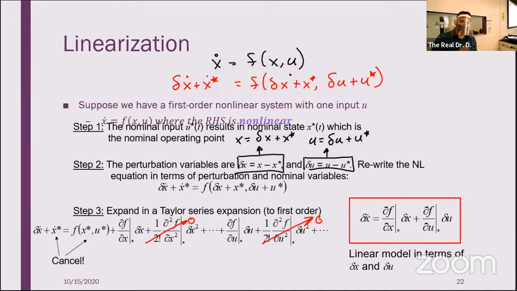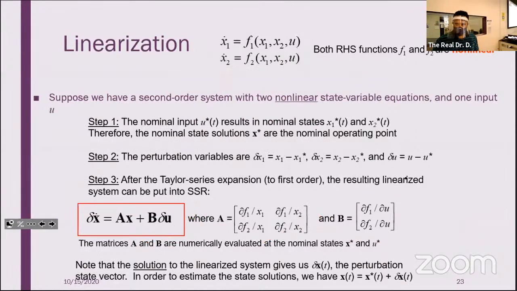Another way of thinking about this is that if you had a system of equations, you can do the same thing for a system.